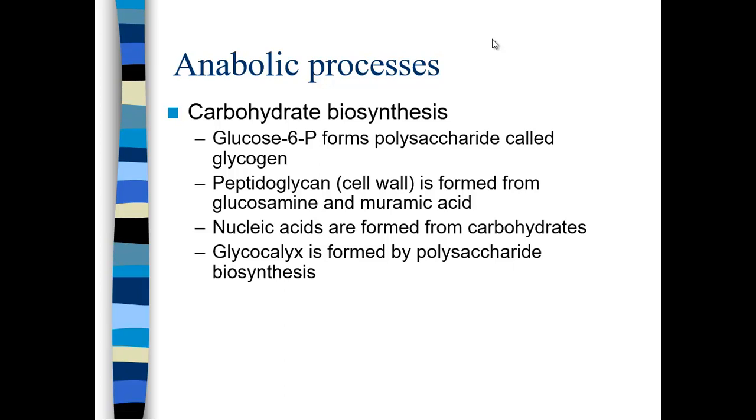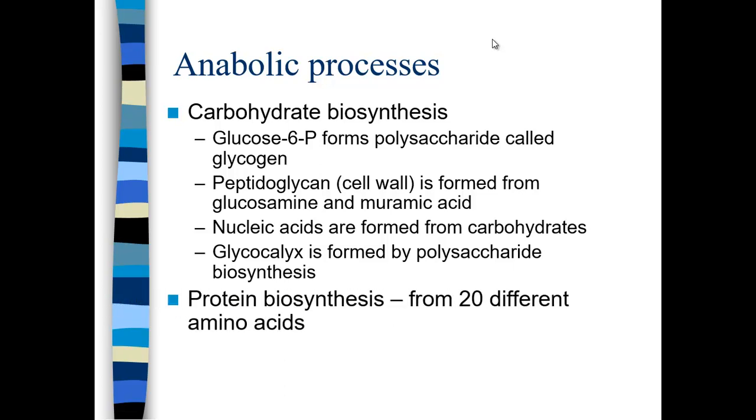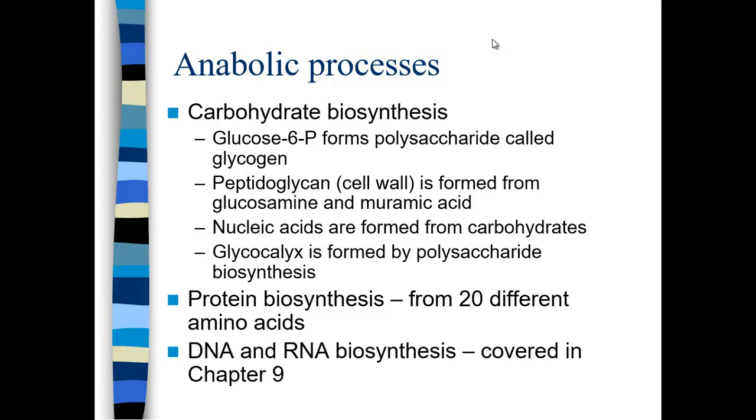It's formed from glucosamine and muramic acid. Nucleic acids can be formed from carbohydrates, and glycocalyx is formed via polysaccharide biosynthesis. Proteins are synthesized from 20 different amino acids, and DNA and RNA biosynthesis we'll cover in Chapter 9.